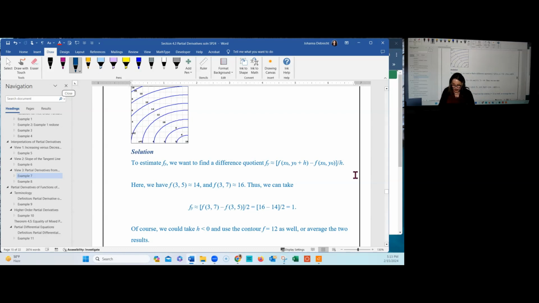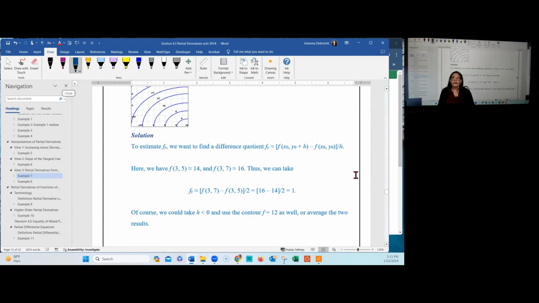Now, how do we approximate the slope of the tangent line with the slope of the secant line? Well, we just use the difference quotient. So we take the difference in the z values at those 2 points, 16 minus 14, and we divide by the difference in the y values. So from 7 to 5 is a difference of 2, and that will give us 2 divided by 2, which is 1.